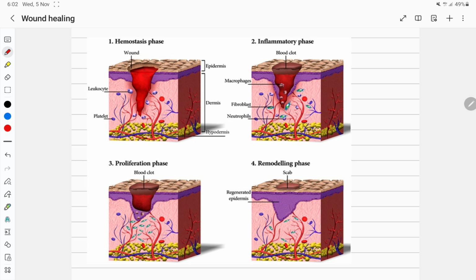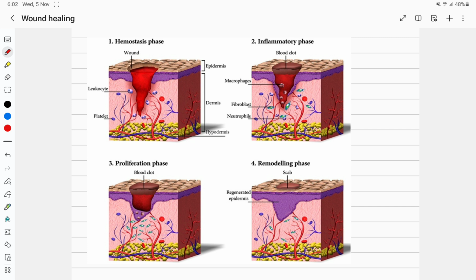In hemostasis, there is disruption of the vascular endothelium due to injury. So what happens is there is vasoconstriction as well as exposure of the subendothelial extracellular matrix due to disruption of the vascular endothelium.